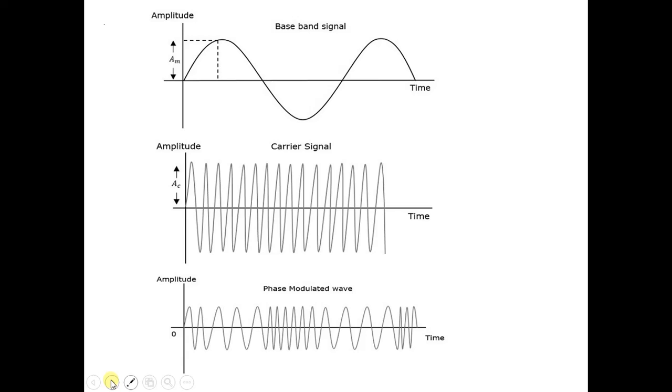It is the process in which the phase of the carrier is changed in accordance with the amplitude of the modulating signal, keeping its frequency and amplitude constant. The phase shift of the carrier carries the information in this type of modulation. And we know that FM and PM are strongly related with each other.